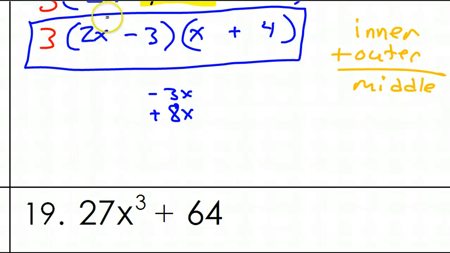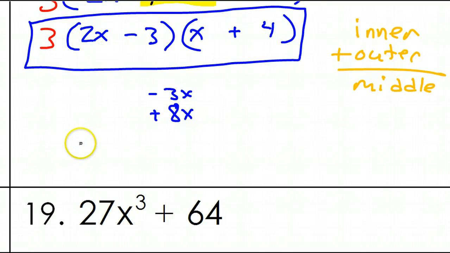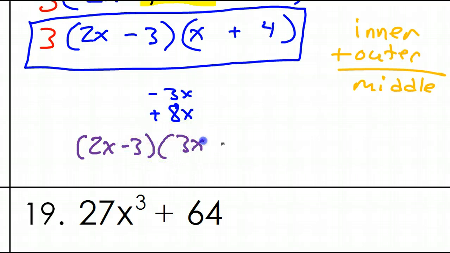So some of you, if you did this problem by yourself and you didn't notice the 3 at first, here's one answer that you would have gotten. You might have gotten 2x minus 3 times 3x plus 12. Okay?